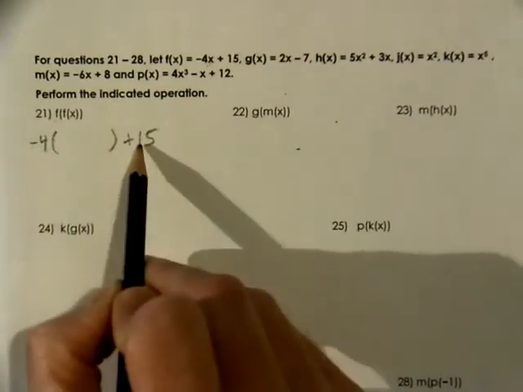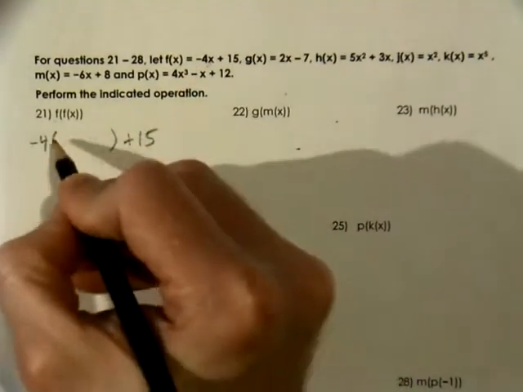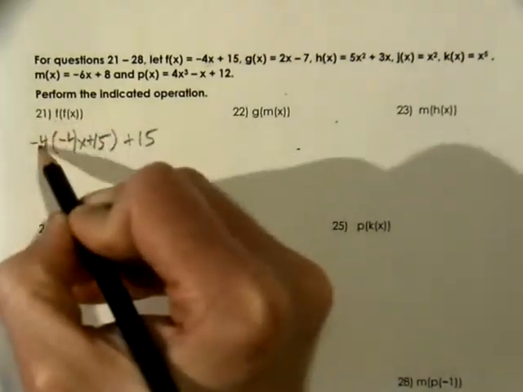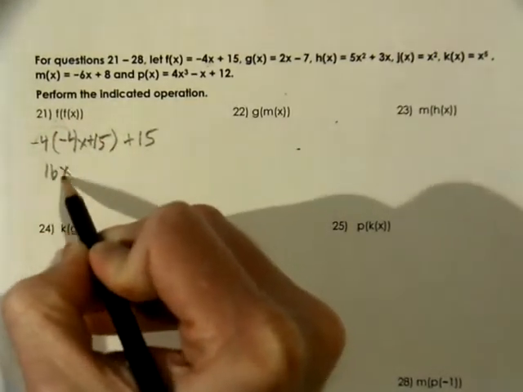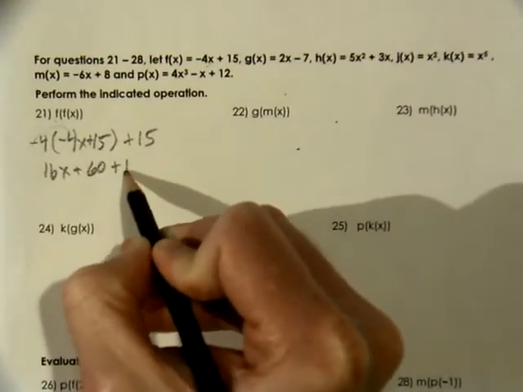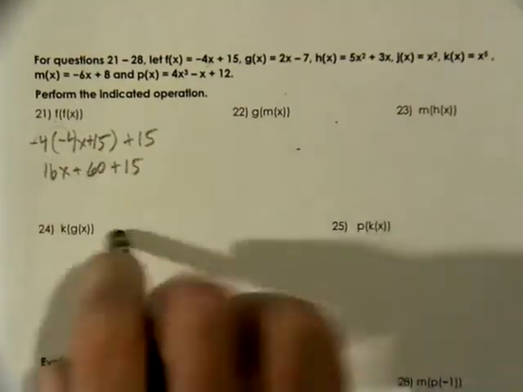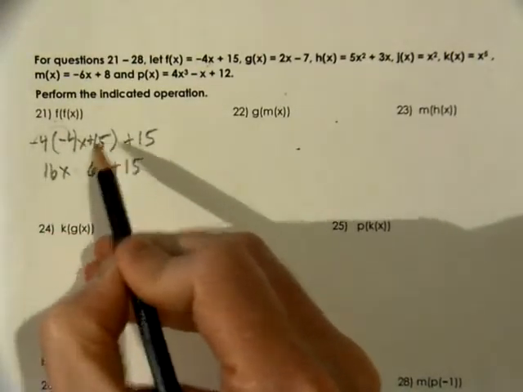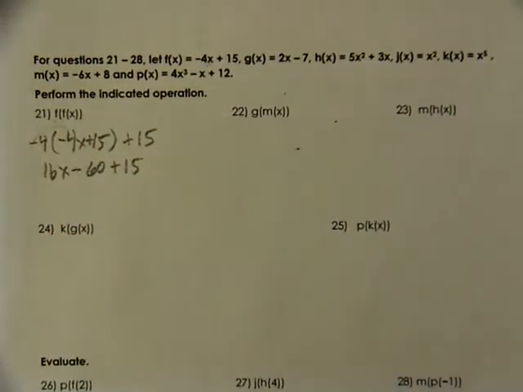So there is no x the way we write it first, and we put the f function inside of it. Distribute to get 16x plus 60 plus 15. That would actually be minus 60, right? Negative 4 times negative 15 is a negative 60.